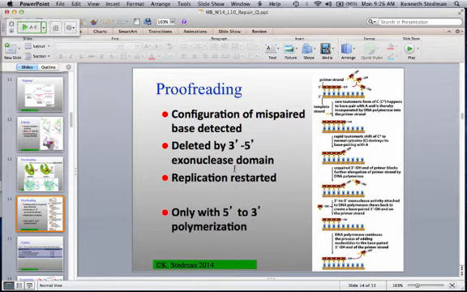So that's a specific domain that takes place. Again, it's the configuration which is detected, and then once you've backed up, all that you've done is you've cleaved the phosphodiester backbone. You've cleaved it at exactly the position between the phosphate and the OH. That gives you a 3' OH. You've got a 3' OH. You've got a template. The DNA polymerase is happy. It can keep going on that.